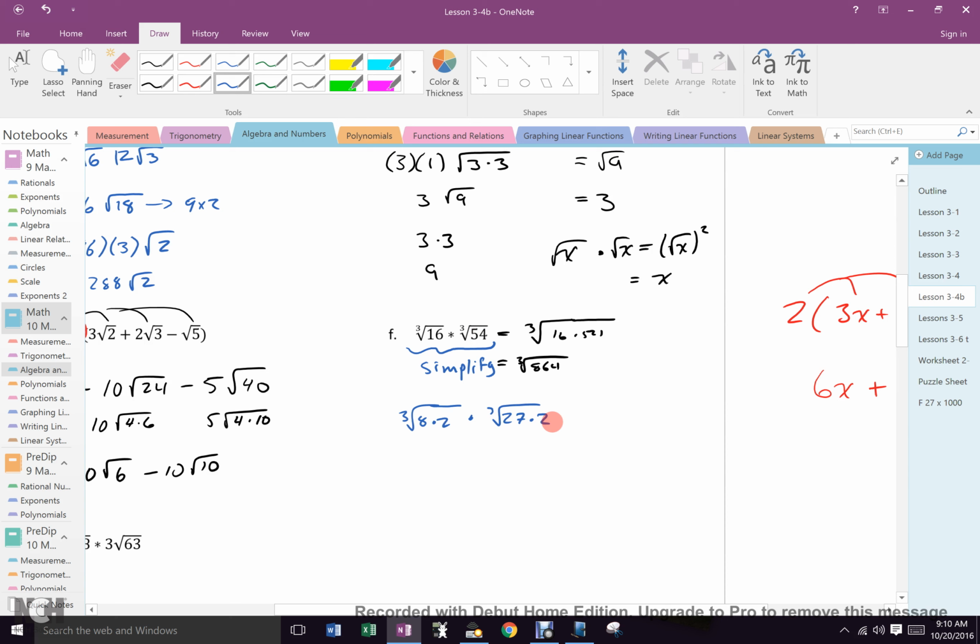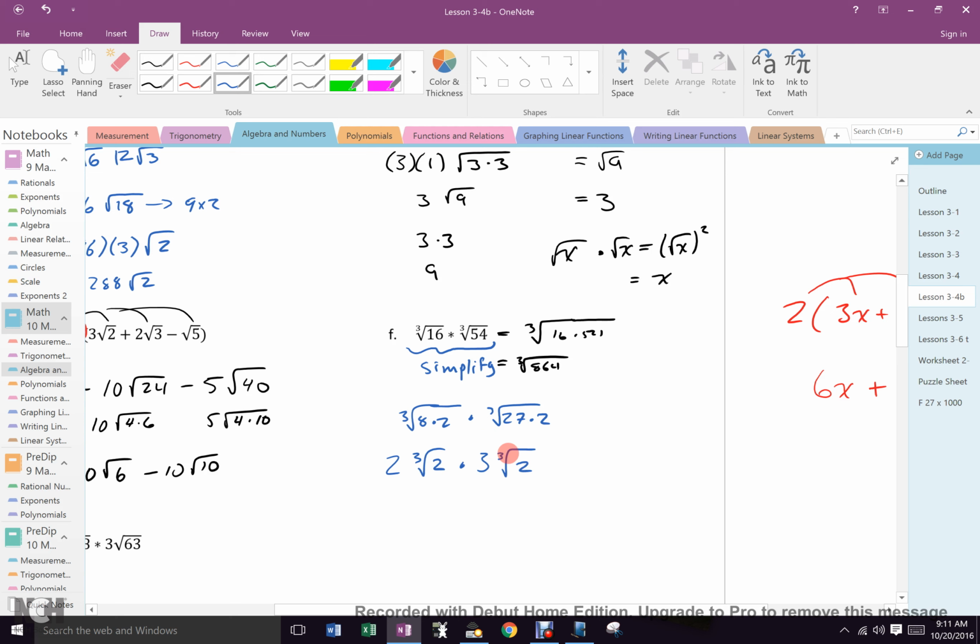Right? What's the cube root of 8? 2. So it's 2 cube root 2. Yes? Times, what's the cube root of 27? 3.